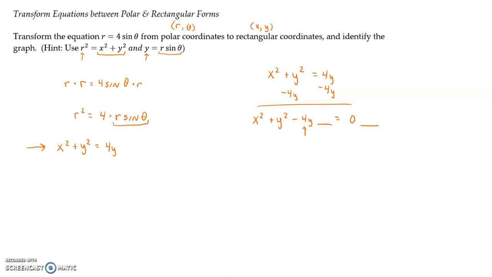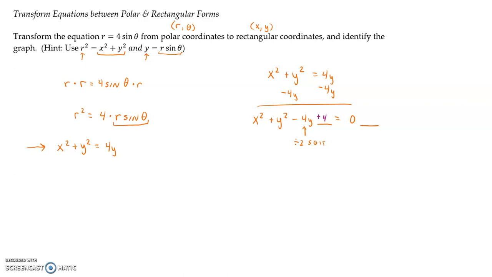And when I'm completing the square, I'm going to take this number and divide it by 2. And then I'm going to square it. So 4 divided by 2 is going to be 2. And when I square it, I'm going to get positive 4.